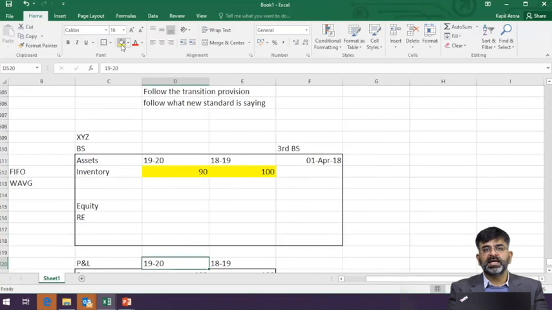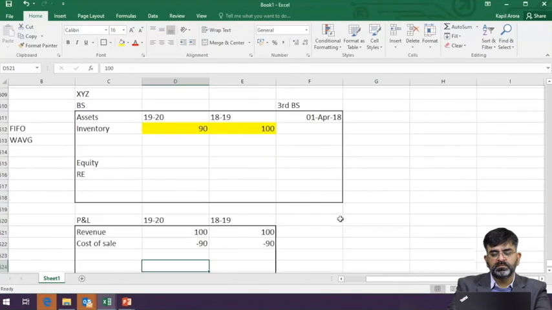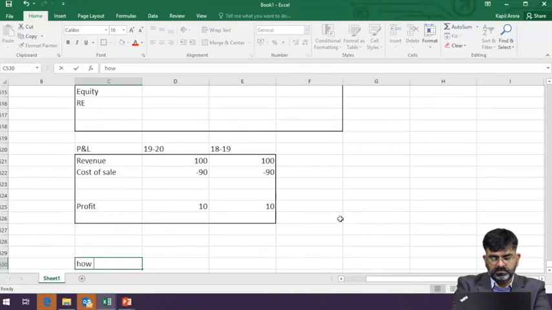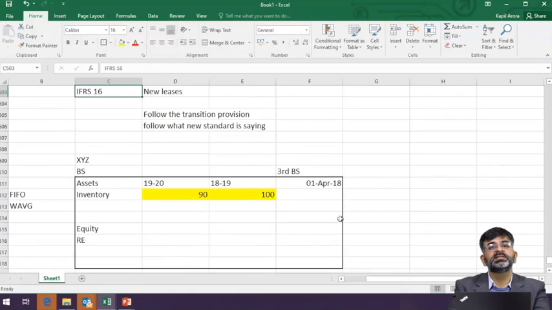Now my question is, is there any loss of 10 in this particular case? This is not a loss at all. This is just a change in accounting policy. Now how to show that there is no loss, or that nothing has changed?